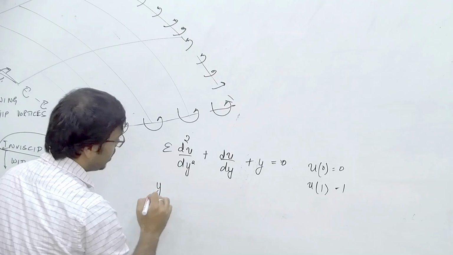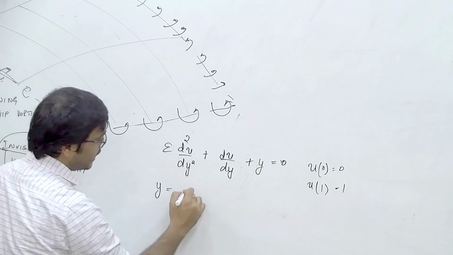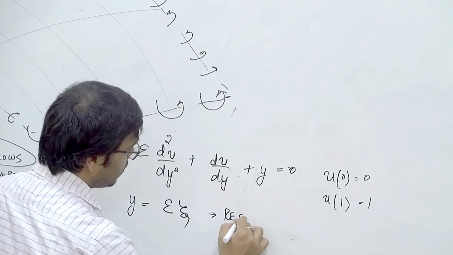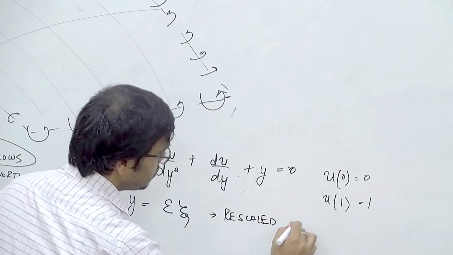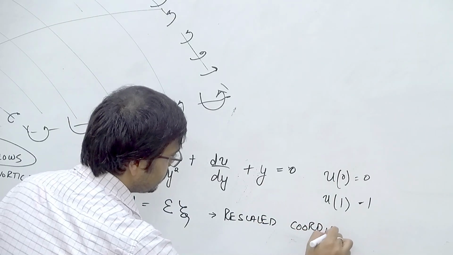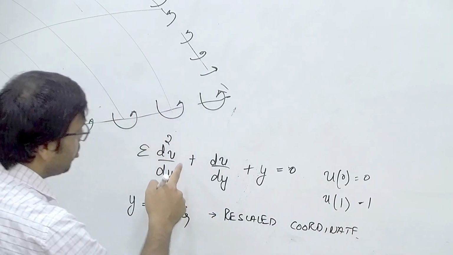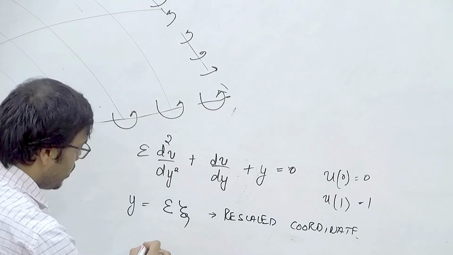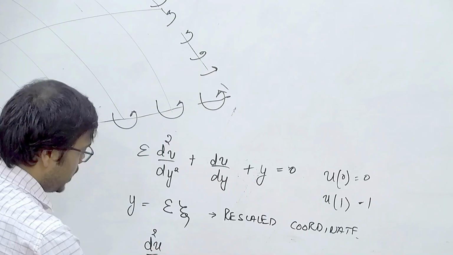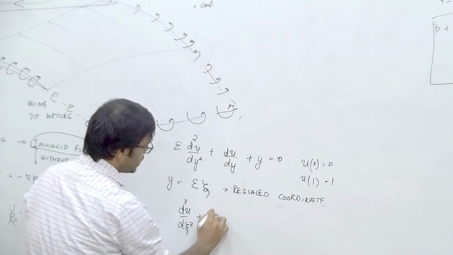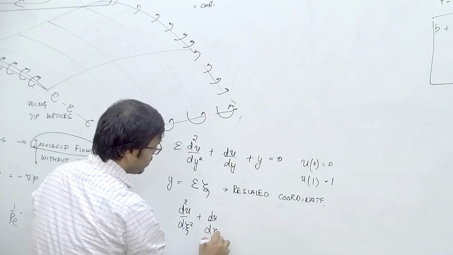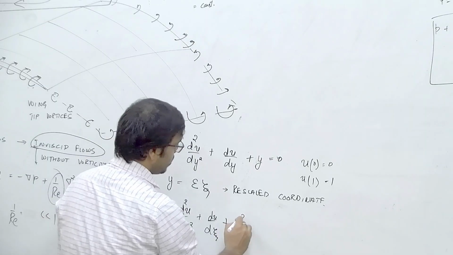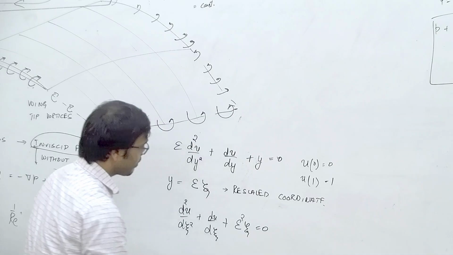When you do, so let us say you write y as epsilon times ξ, which is the rescaled coordinate, then you can formulate an equation in ξ instead of y, and then what did we get? We will get d2u over dξ square plus du by dξ plus epsilon square ξ equals 0.